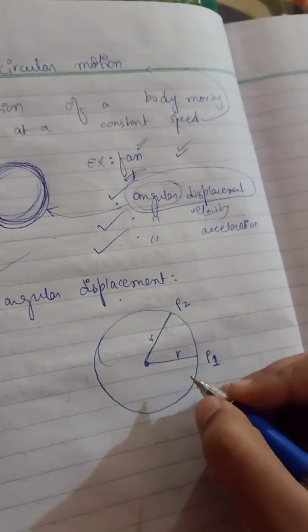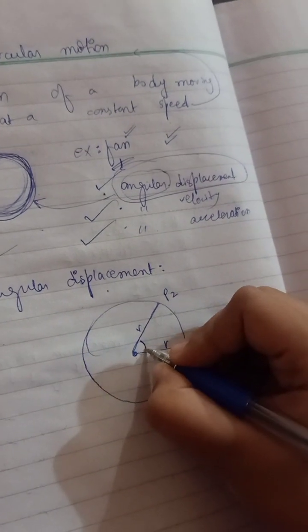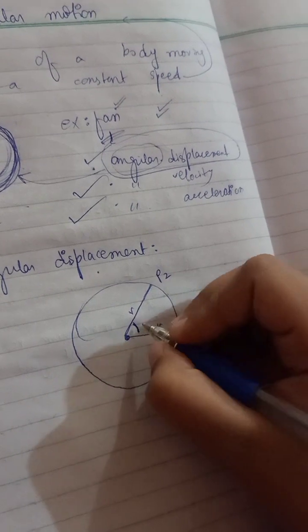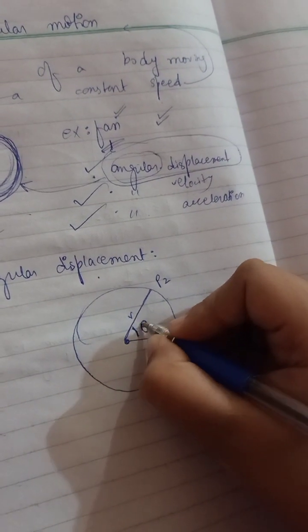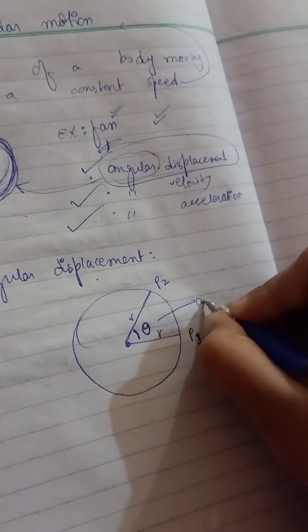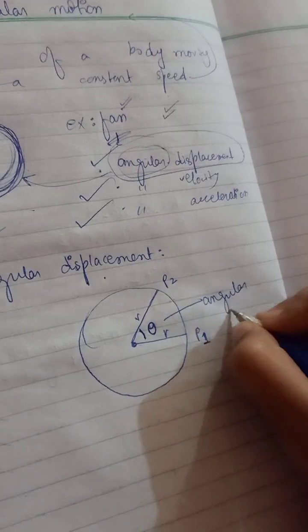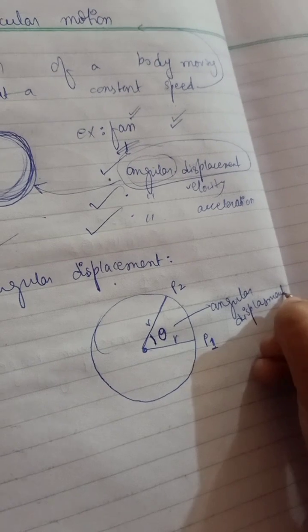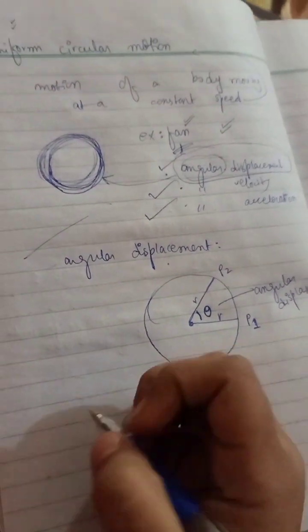Here you can see the body is making an angle theta, and that is called the angular displacement. With the help of the definition you will understand more clearly.